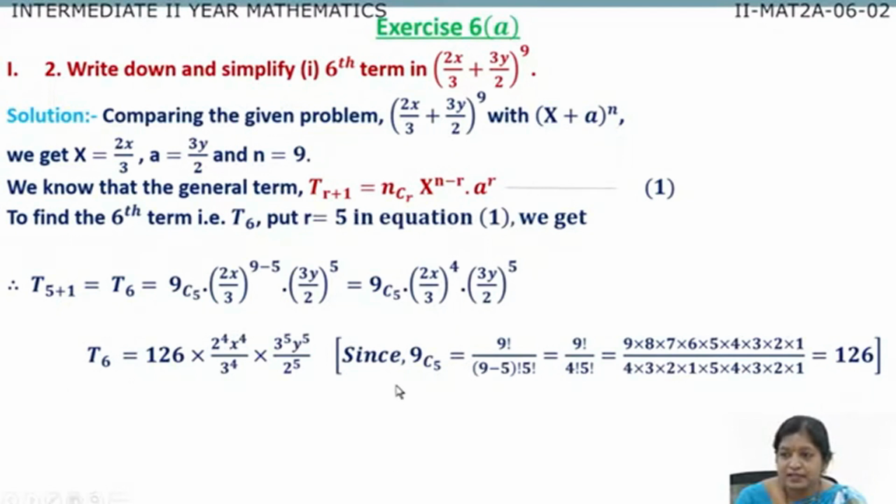So 9C5 can be found by using the nCr formula n factorial by (n minus r) factorial into r factorial. So writing all the terms and simplifying, you will get the value of 9C5 as 126.